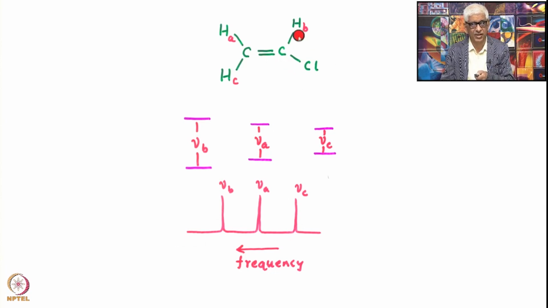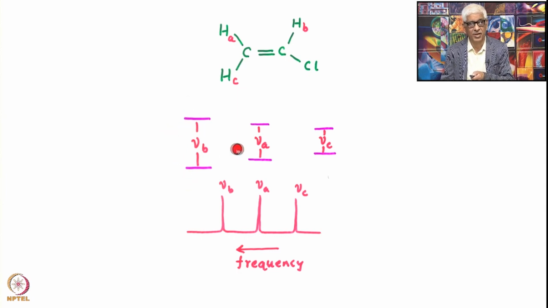The chemical shift of Hb, which is closest to the chlorine, the electron-withdrawing group, will have the lowest electron density. Therefore the Bi will be highest for this nucleus, and nu B will be the highest, because the energy separation will be higher.